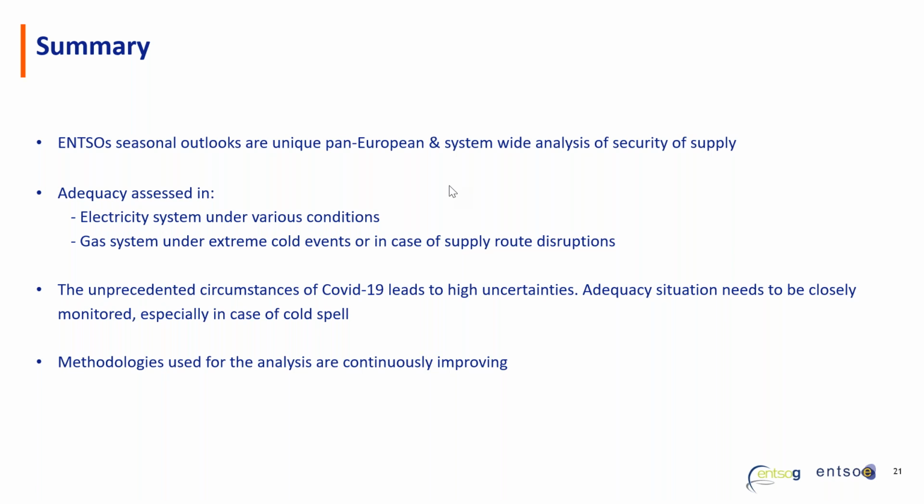For the gas system, it's under extreme cold events or in case of supply route disruptions. COVID-19 is leading to high uncertainty, and the adequacy situation will need to be closely monitored throughout the winter, especially in case of a cold spell. And the methodology used for assessing adequacy in the seasonal outlook is continuously being improved.